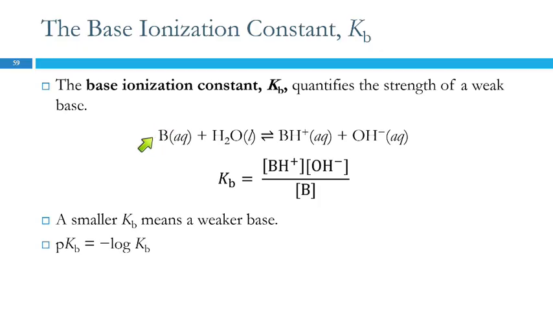When we do this with a base, we have to include the H2O here because that's where the hydrogen's coming from. When we do it with an acid, to make it faster, we'll just say HA, and we've got H plus and A minus. Just understanding that this is not actually H plus, it's H3O plus, instead of writing the whole thing out.